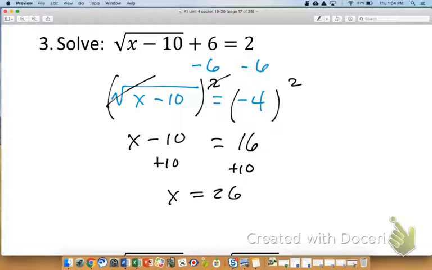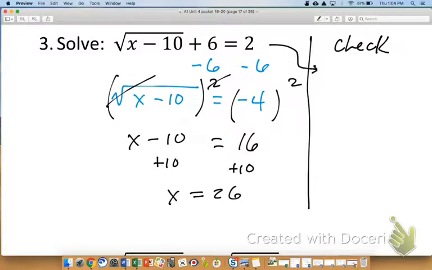Guys, listen, I've been consistent about this. Every single time I do these, I'm going to check my answer, because it's possible to do everything perfectly, do everything right, and get a solution that doesn't work. So let's check. If I check it against my original, I get the square root of 26 minus 10, plus 6 equals 2.